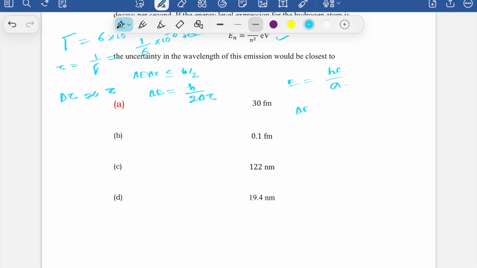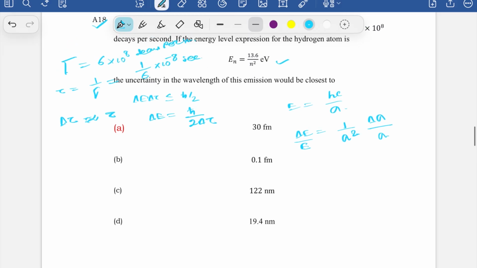That implies the uncertainty in delta E is equal to hc over lambda square times the uncertainty in wavelength. So first substitute all the values here, obtain the uncertainty in E, then substitute it, with E equal to E2 minus E1, and you will find delta lambda of the order of 30 picometer.